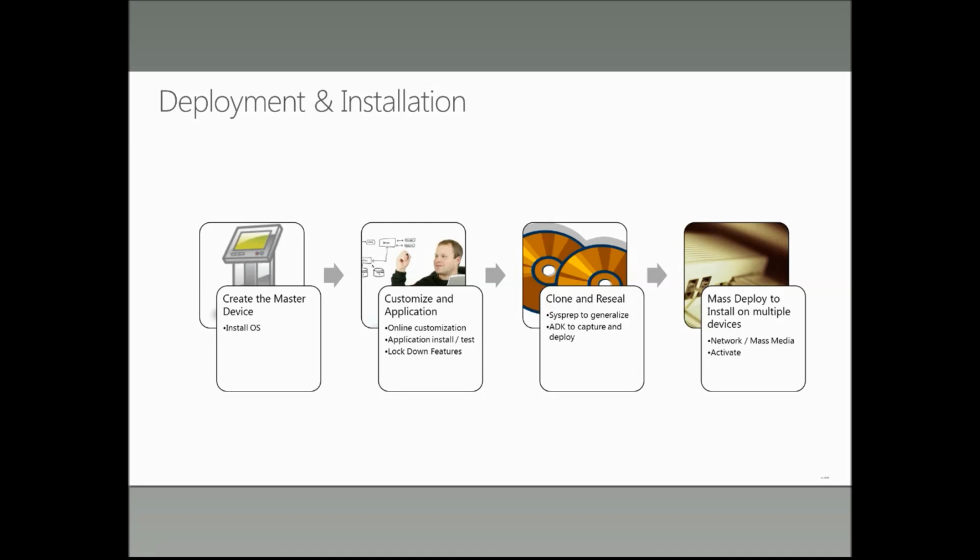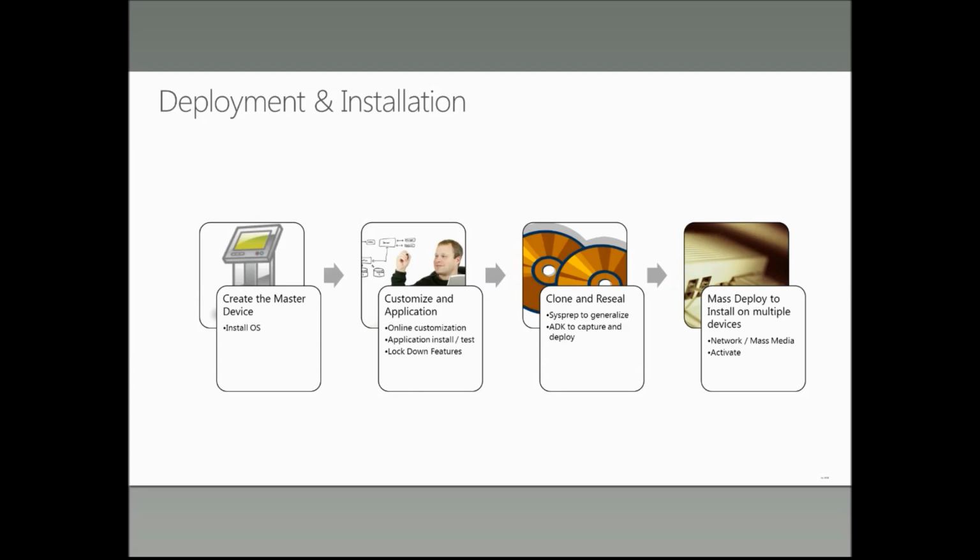And again, I encourage you to ask questions. The first step in building a device with Windows Embedded 8.1 is to create a master device, so actually installing the operating system on the device. This is done by a wizard, similarly to how you would install any version of Windows.